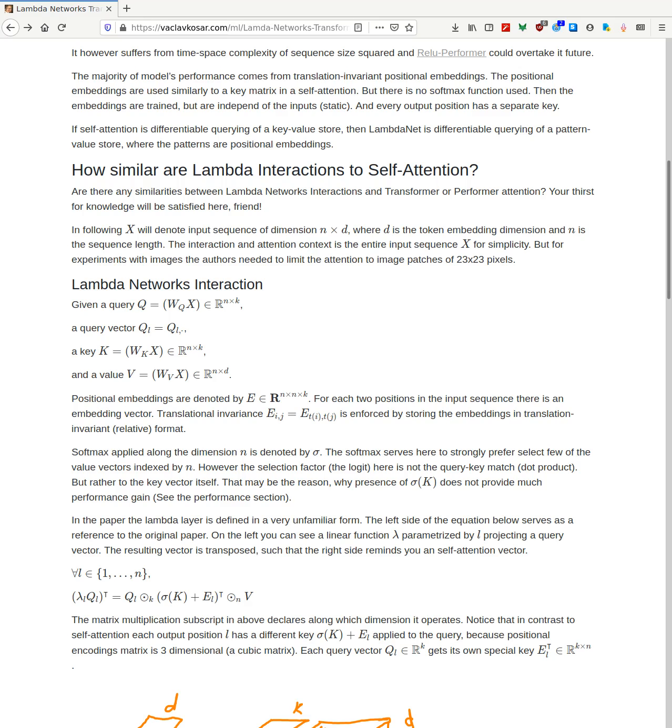Because we take keys, we match them with queries, and those that match a lot are highlighted by softmax, and then we take values from those results. So if self-attention is this, then LambdaNet is actually a differentiable querying of a pattern value store. By pattern here, I mean these position embeddings. These are sort of static, common things. We don't have these keys that change, we have these patterns.